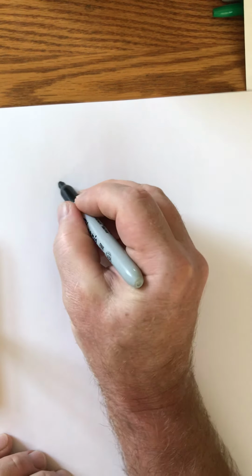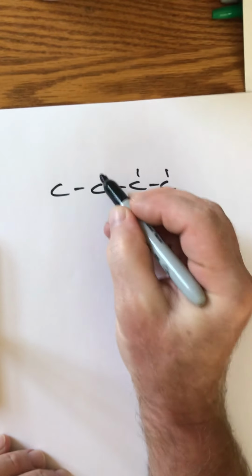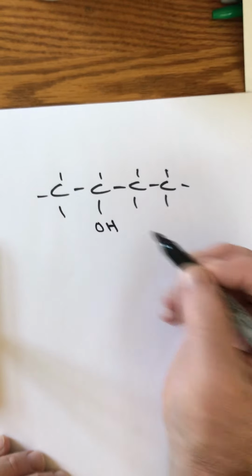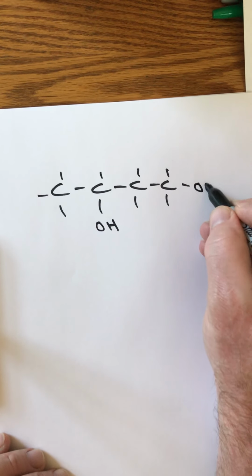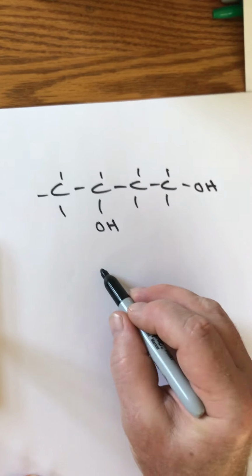So if I had something like, I don't know, let's do that one. What's your longest chain? 4 carbons, 1, 2, 3, 4. Prefix for 4, but.